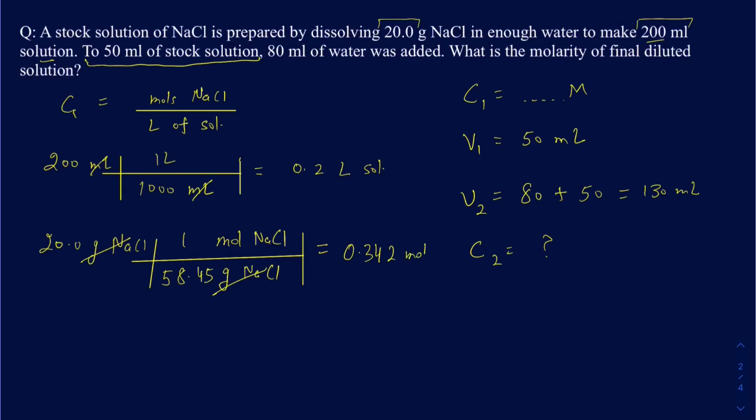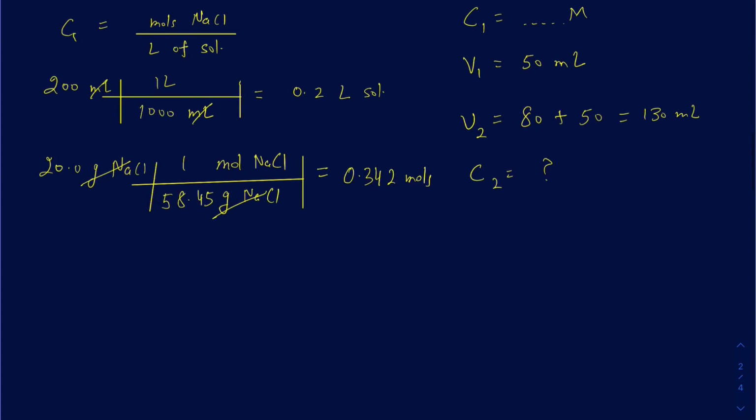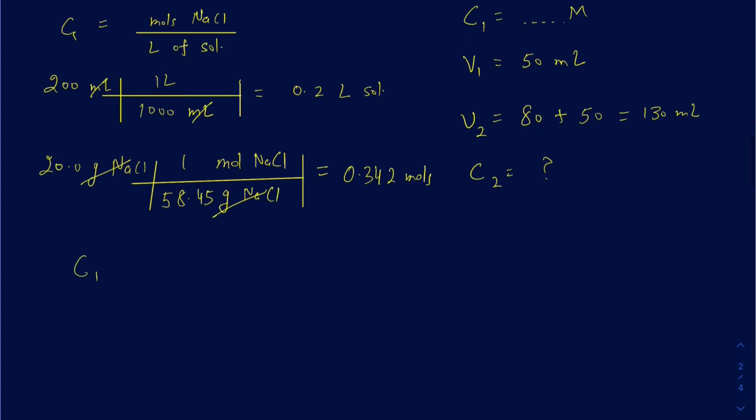Let's keep 3 sig figs for right now. Okay, so to find the concentration C1, which is the molarity, I would do 0.342 moles of NaCl divided by 0.2 liters. So that's going to be 1.71 molar.